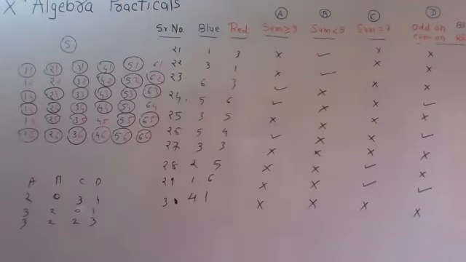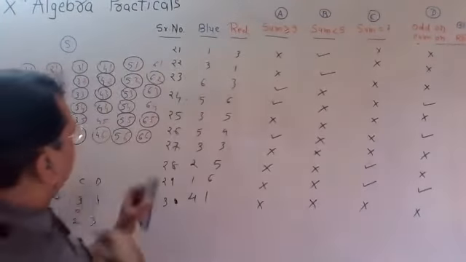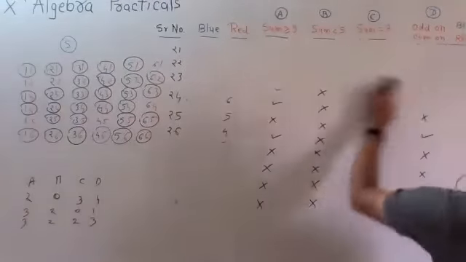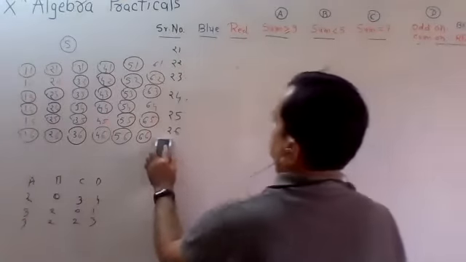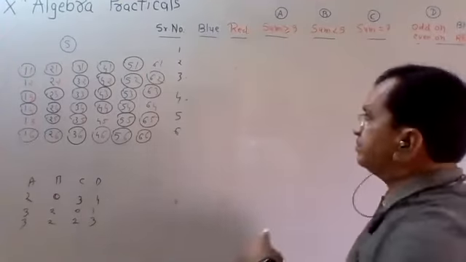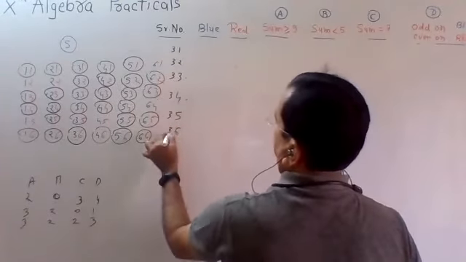Done. Yeah, sir. Okay, so next 6 pairs only remain. Thirty-one, 32, 33, 34, 35, 36.